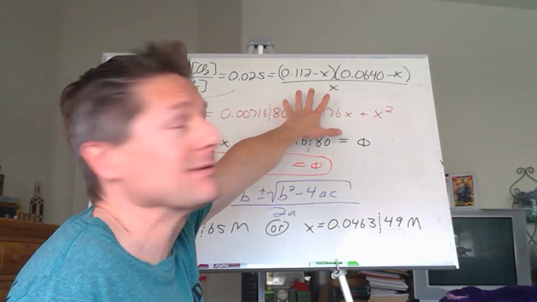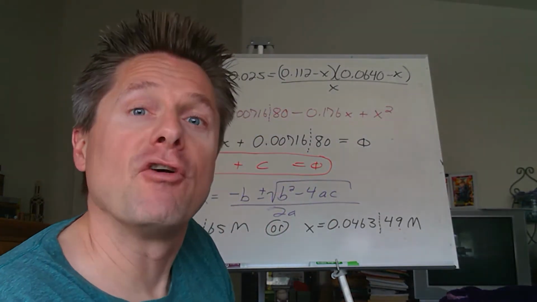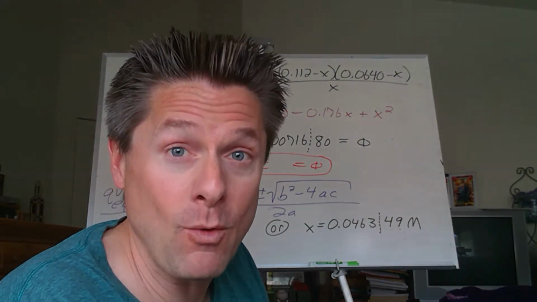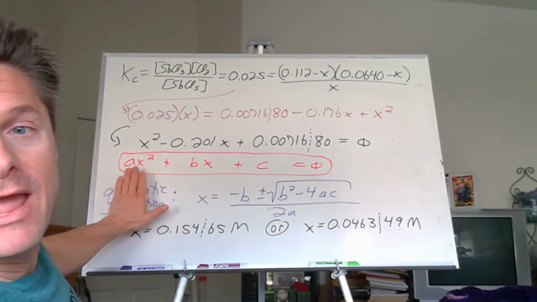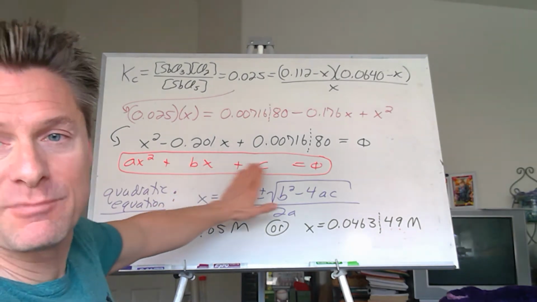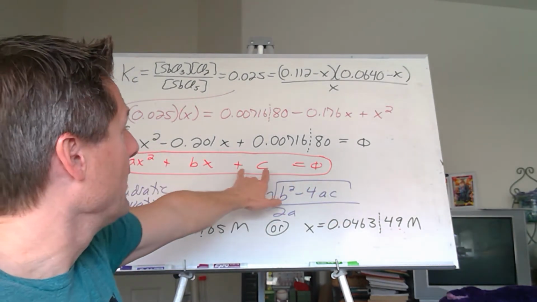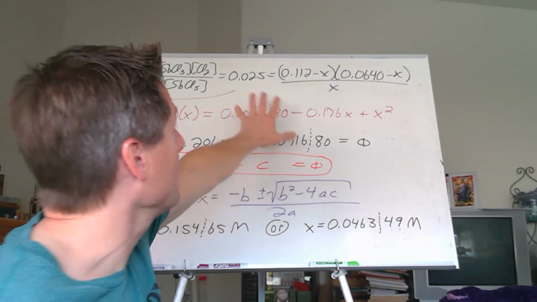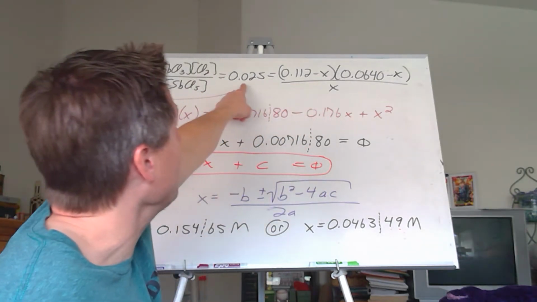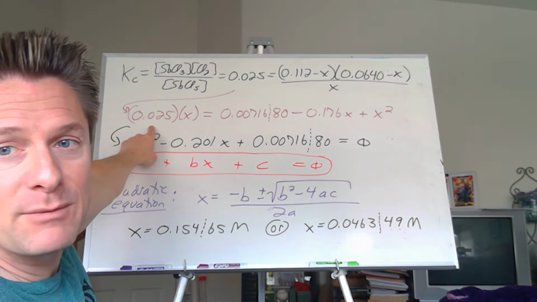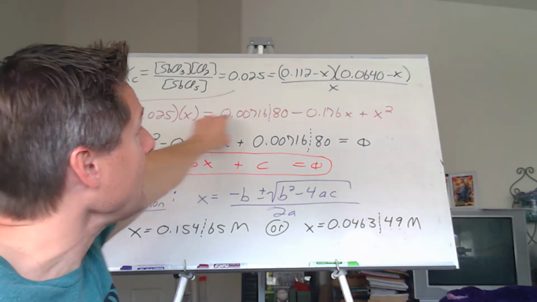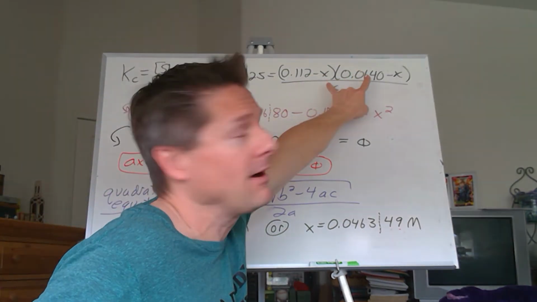So now what we want to do is get this into the form we need to be able to apply the quadratic equation, which is your ax squared plus bx plus c equals 0. So we need to get the x squared term, the x term, the non-x term, and get that equal to 0. So what I did is I multiplied through by x. So I have the equilibrium constant, 0.025 times x. And then I multiplied through, review your algebra, right?